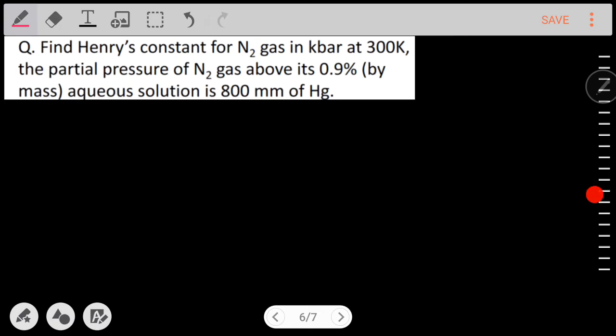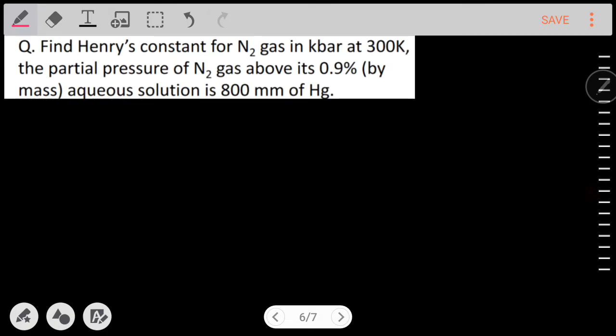Here in this question, P gas is given, that is 800 mm of Hg, and Henry's constant KH is asked in the unit kilobar. It means the units of P gas and KH are different. We have to convert the P gas from mm of Hg to kilobar. Then only you can get the value of KH in kilobar.